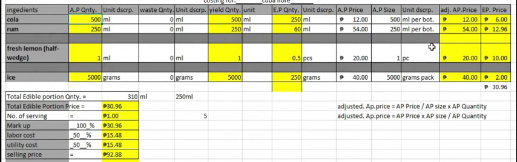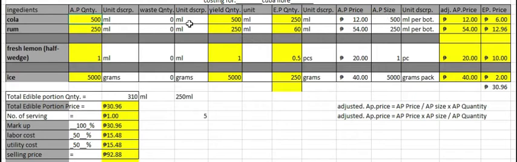The second formula: AP price, multiply with your AP size, and then divide with your AP quantity. This is the formula from the previous discussion we had about costing.